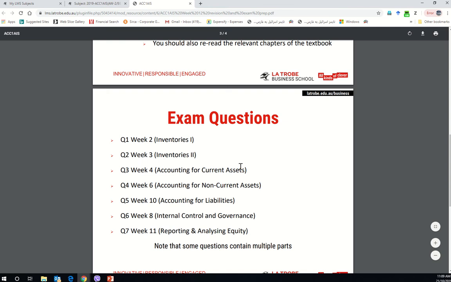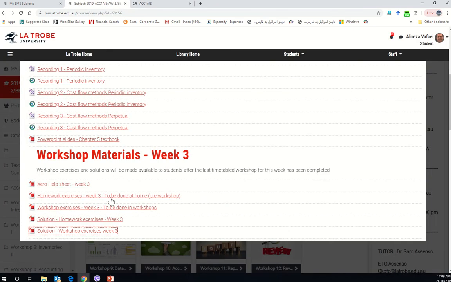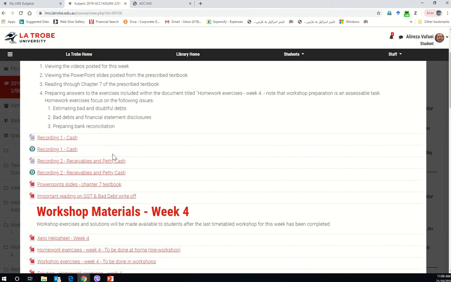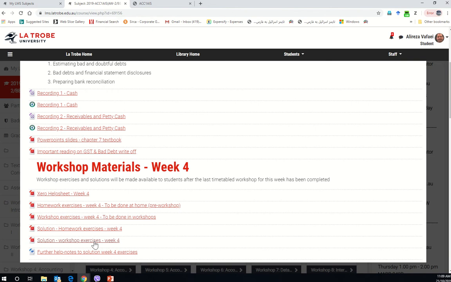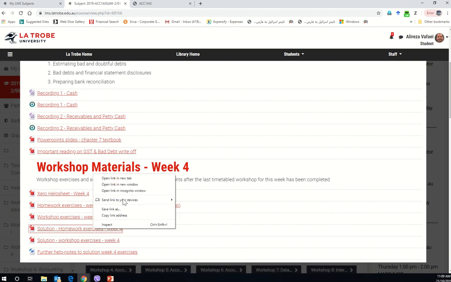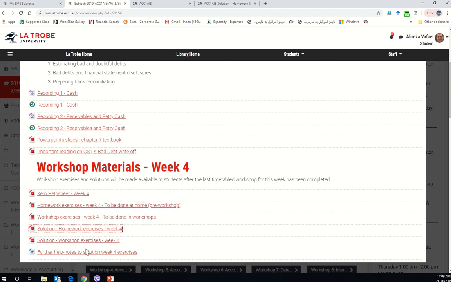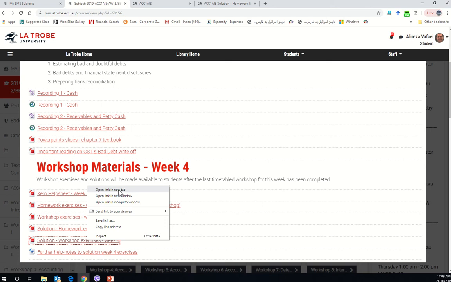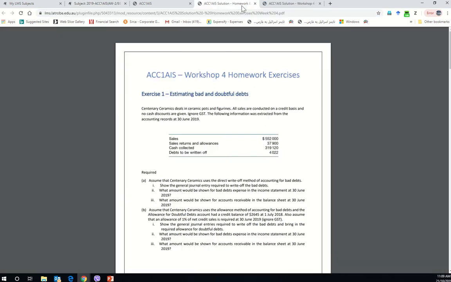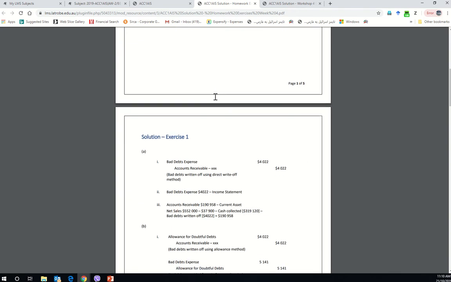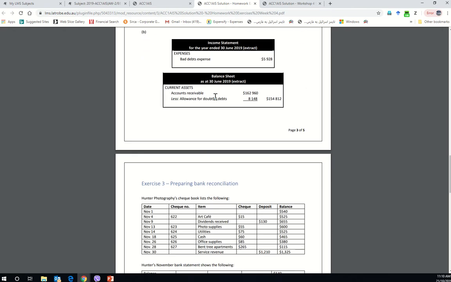In week 4, we will go through accounting for current assets. In our homework and in the workshop, we focused on two main issues. One was estimating bad and doubtful debt under the allowance method and the direct write-off method, and the other issue that was quite important was the preparation of bank reconciliations.